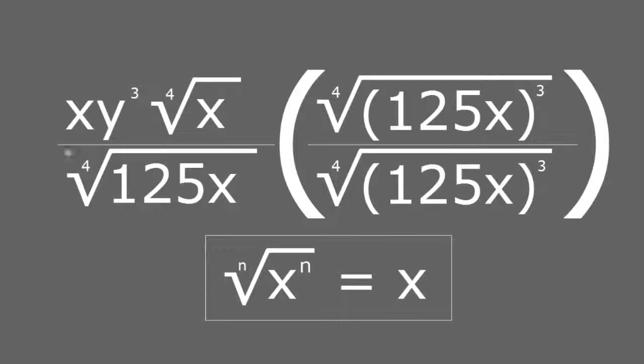Now, I have the same root as the denominator on the new fraction, and I have the same radicand on the new fraction. What I have different now is that instead of having an exponent equal to 1, which is what I have here, I have an exponent equal to 3.